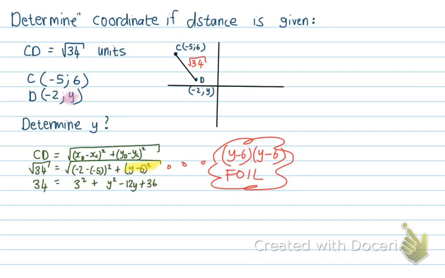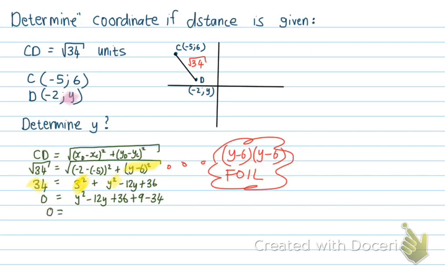Now I see that I have a quadratic equation. So the rule for quadratic equations is to bring everything to the right hand side so that I have 0 on the left hand side. So I have 0 is equal to y squared minus 12y plus 36 plus 9, because that 3 squared is 9, minus the 34, which comes over to the right hand side.